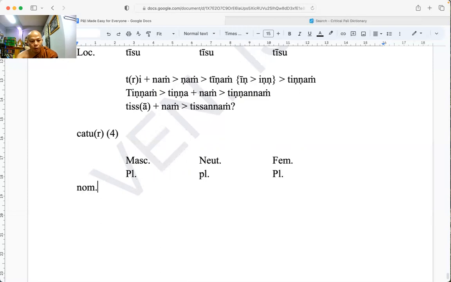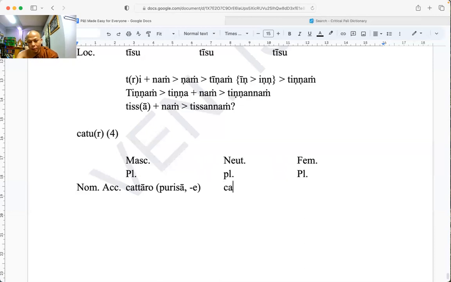Then nominative and accusative is jattaro. That one I try to remember: jattaro, burisa, and jattaro, burise in this way.